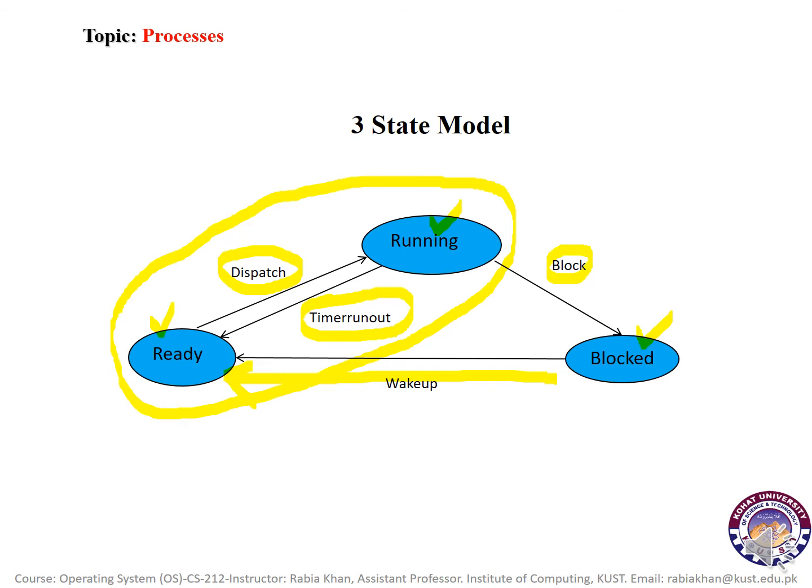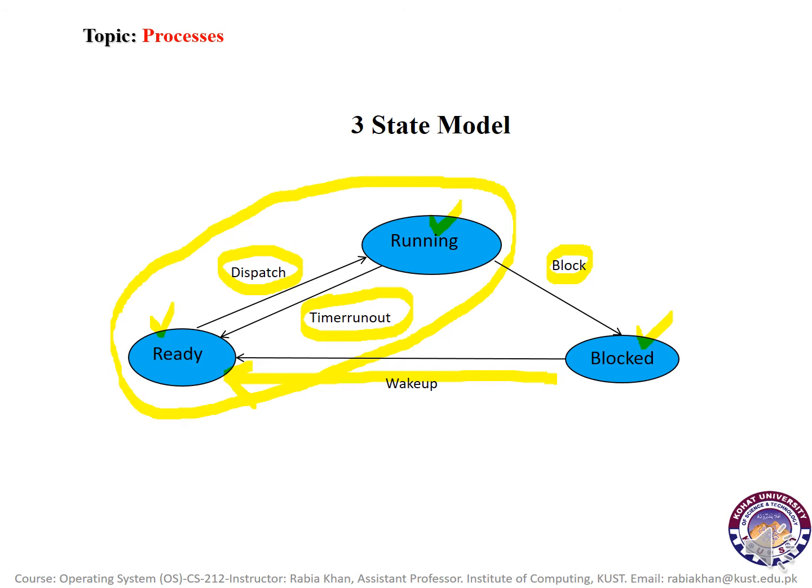Keep in mind, a running process can be blocked, but a blocked process, when it gets woken up, has to wait for its turn in the ready queue in RAM to be assigned to the CPU. It cannot be assigned to the CPU immediately. Other processes waiting in RAM have to execute first, and this process goes to sit at the tail of the queue.